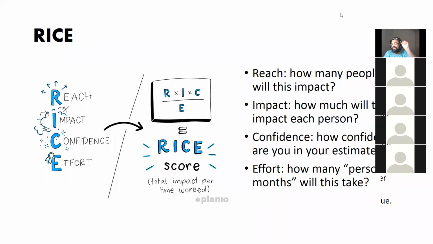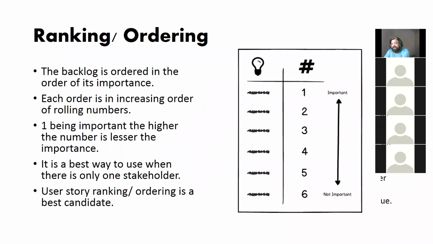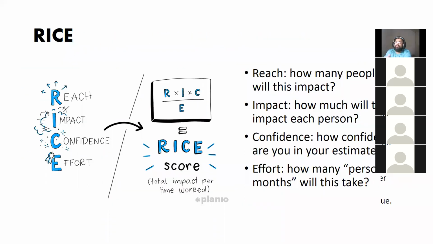Okay, so the RISE or priority scorecard, or $100 method is for features. Ranking and priority and RISE are typically used for epics, feature levels, where multiple people are coming and giving their requirements.